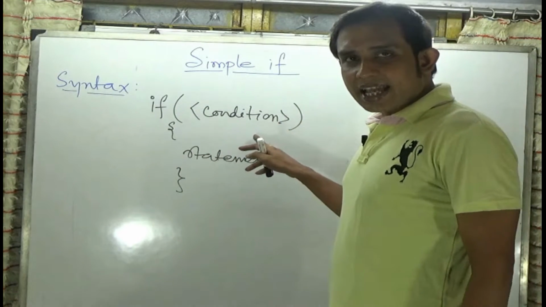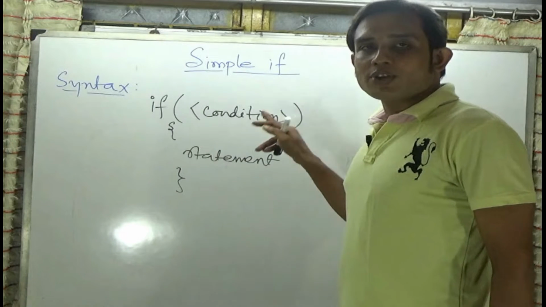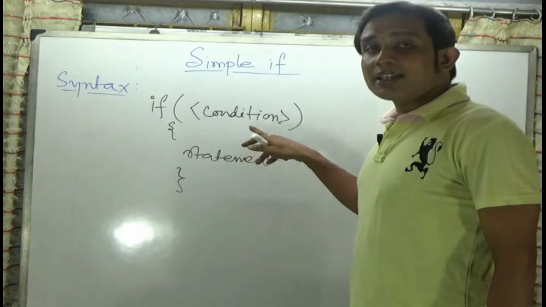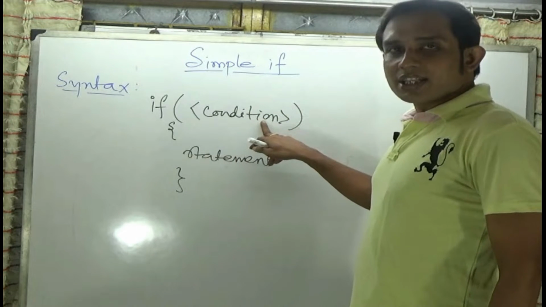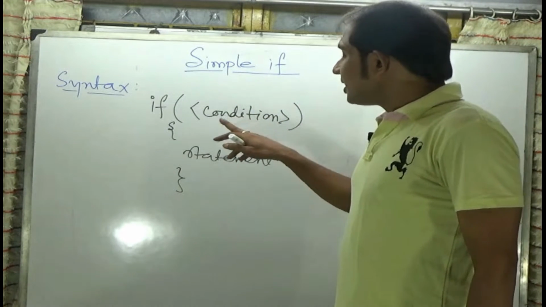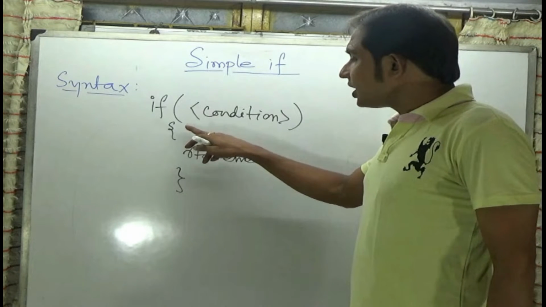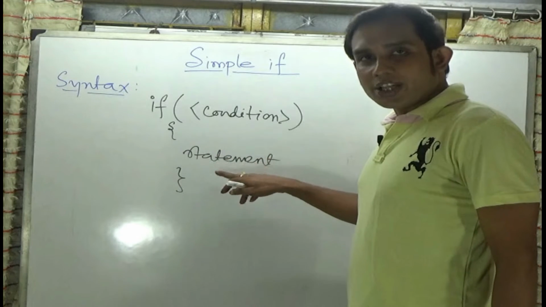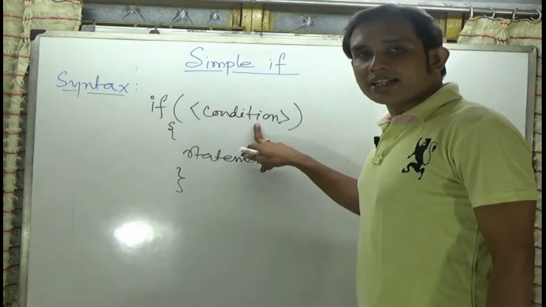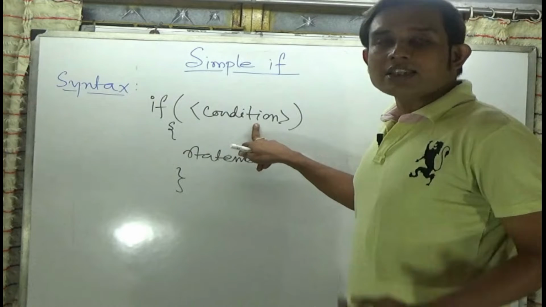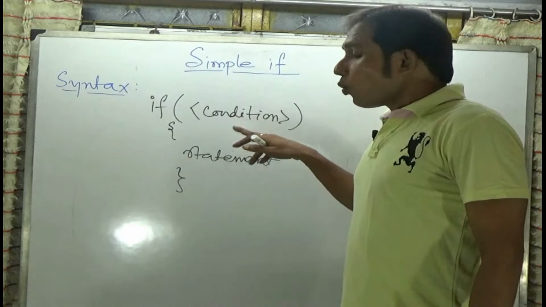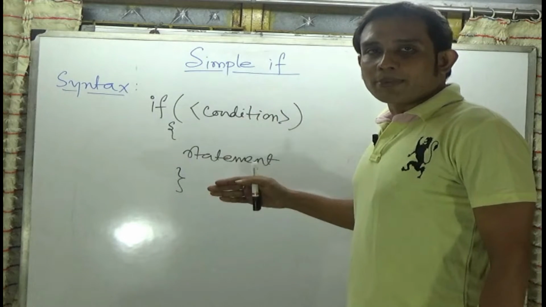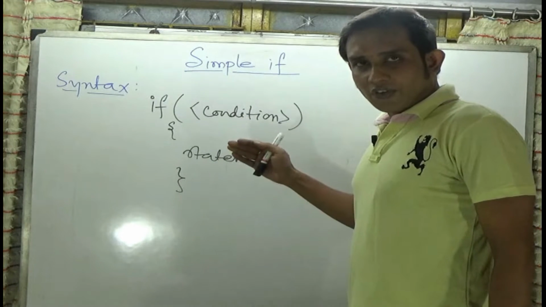So in syntax, angular bracket means you have to write the actual value or actual condition here, and if this condition becomes true, then the statement written within the opening and closing braces of this simple if is going to execute. But if this condition is not true, if it is maybe false, then which statement is going to execute cannot be determined by using the simple if.